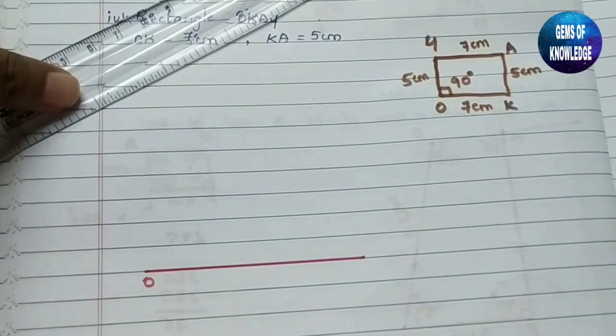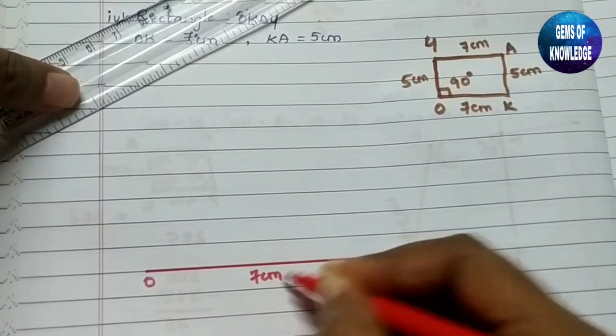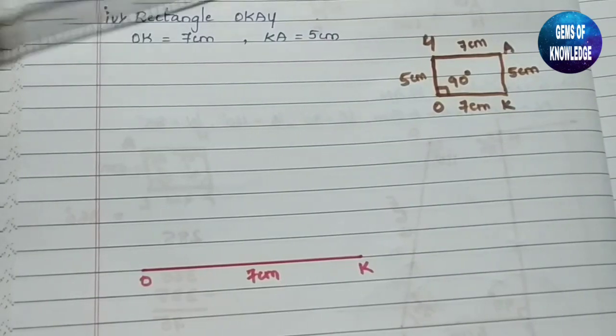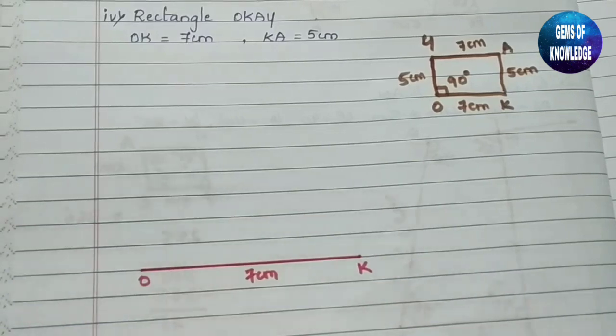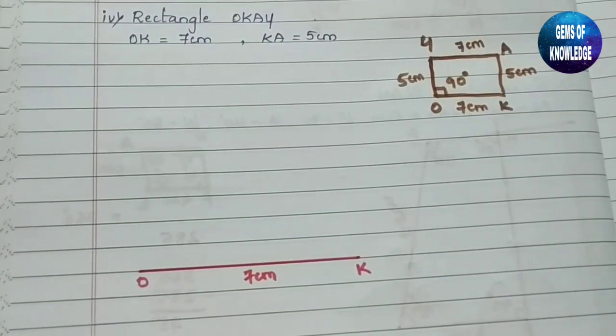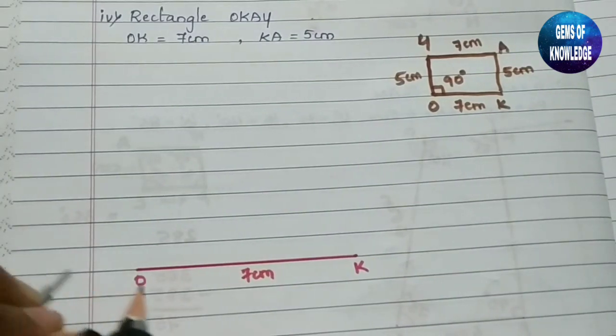This is O and this will be K, which is of 7 centimeter. Then at O, we need to draw a 90 degree angle. So we are going to draw one 90 degree angle over here by taking a small measurement as before.